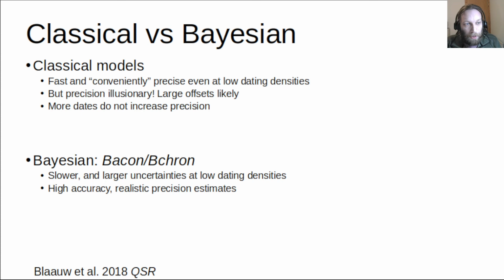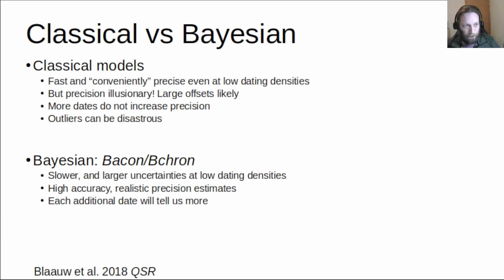With classical models, it doesn't really matter how many dates you put into your site. More dates do not really increase your precision, which seems strange. On the other hand, with Bayesian models, each additional date that you enter will teach you more about the site, so it actually will make use of this extra information to increase the precision.